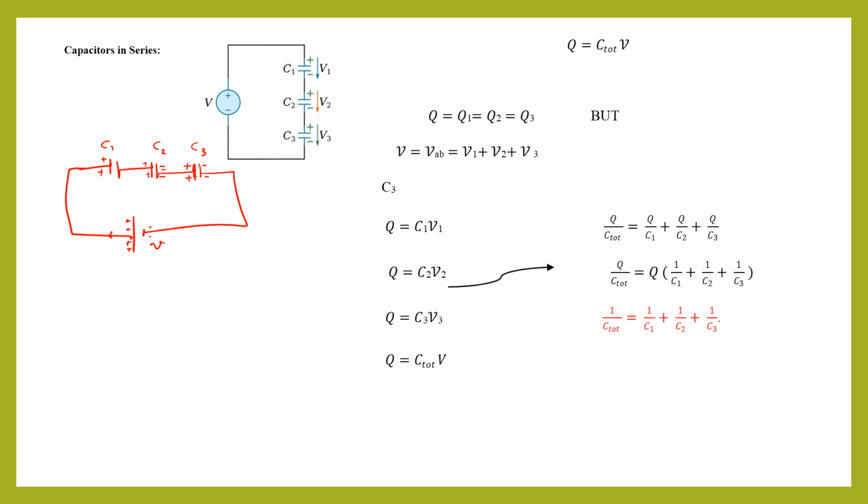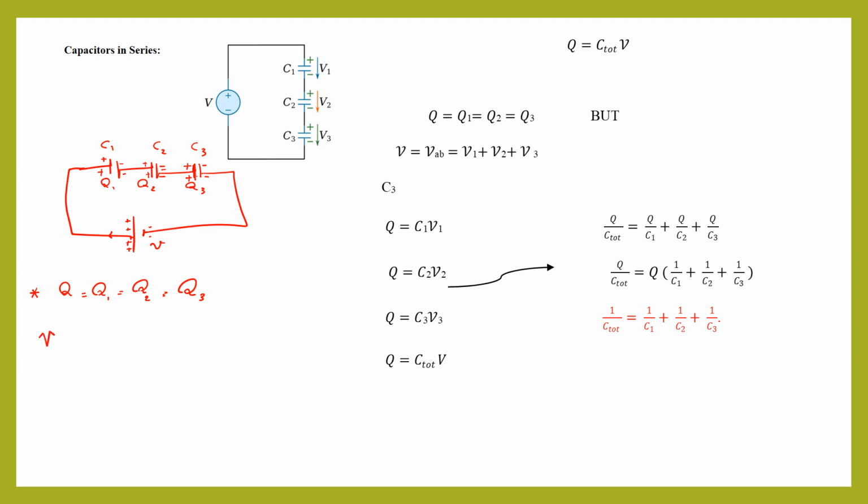Here we will have negative charges. If this is Q1, Q2, Q3, we can write, everybody, Q total in the circuit equals Q1 equals Q2 equals Q3. This is the meaning of capacitors in series. It means each capacitor has the same charge if they are connected in series.